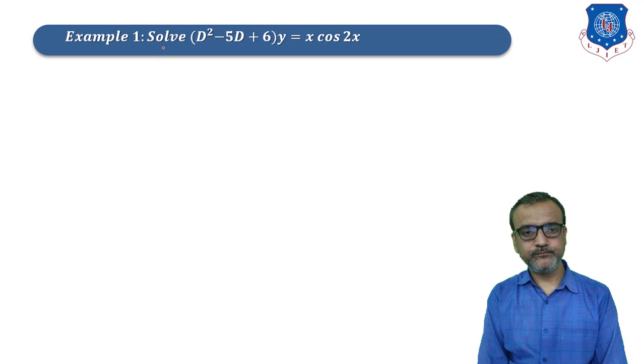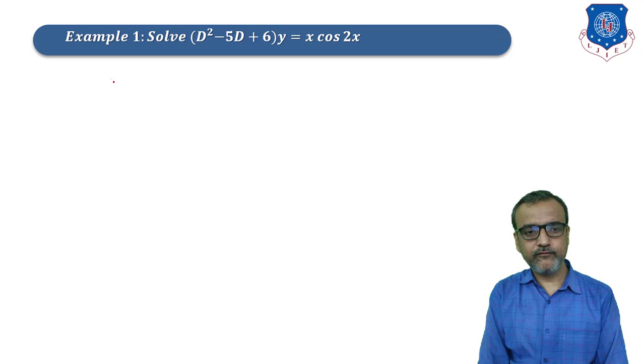Example number 1, solve D square minus 5D plus 6 y equals x into cos 2x. Here the given differential equation is of the form f of D y equals Q of x.